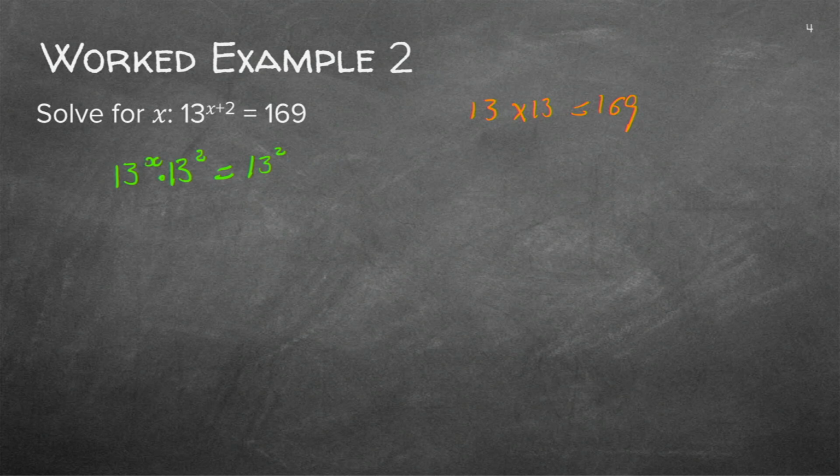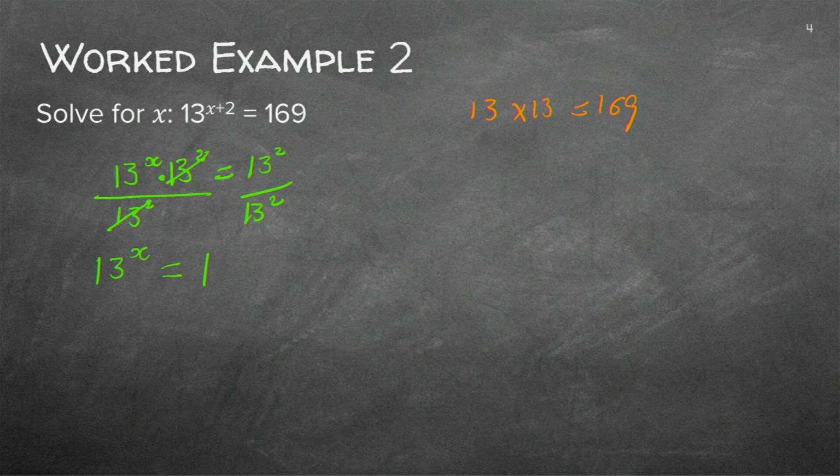And then the second part is dividing by what you have. So I can divide this by 13 to the power of 2, divide this by 13 to the power of 2. And now I can cancel those out. So I have 13 to the power of x equals 1.